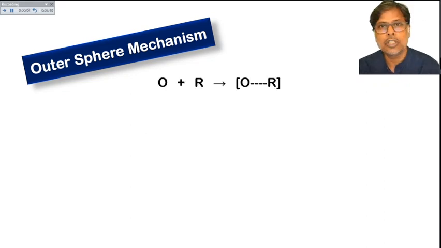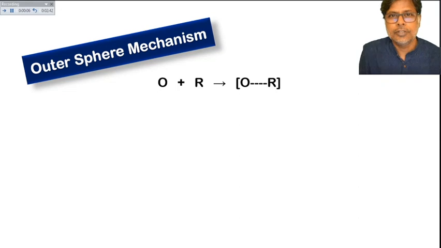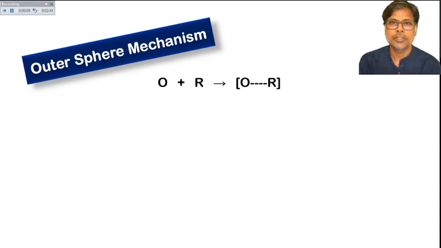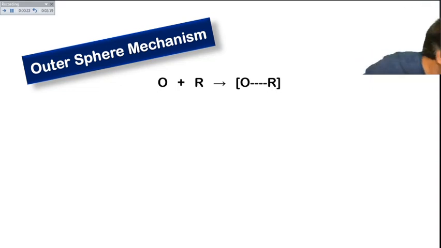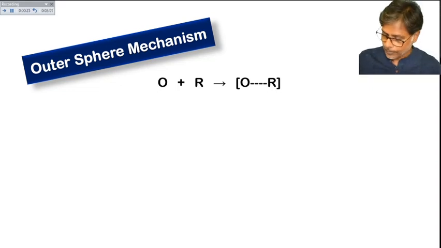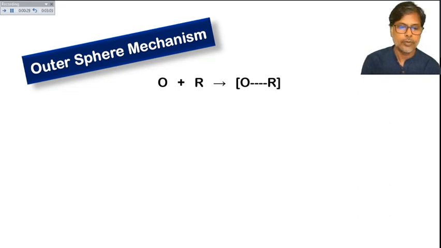O stands for oxidant and R stands for reductant. Here you can see that the oxidant and the reductant come closer and form a precursor complex.